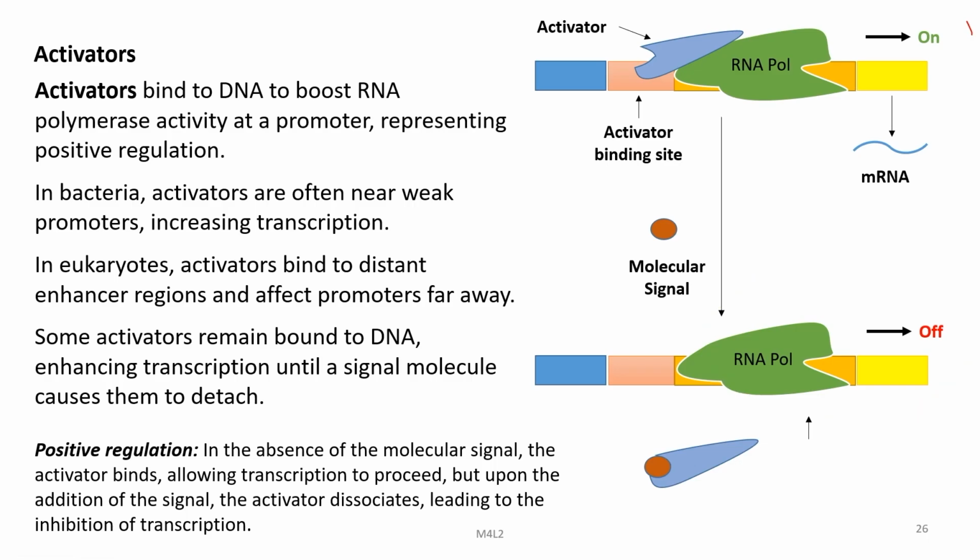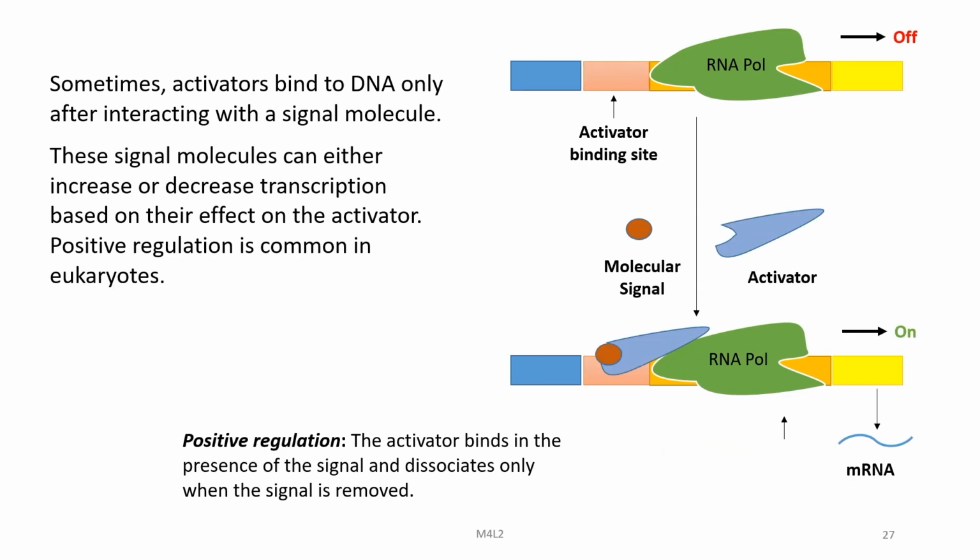So, in bacteria, activators are often near weak promoters, increasing transcription. In eukaryotes, activators bind to distant enhancer regions and affect promoters far away. Some activators remain bound to DNA, enhancing transcription until a signal molecule causes them to detach. Sometimes activators bind to DNA only after interacting with a signal molecule.